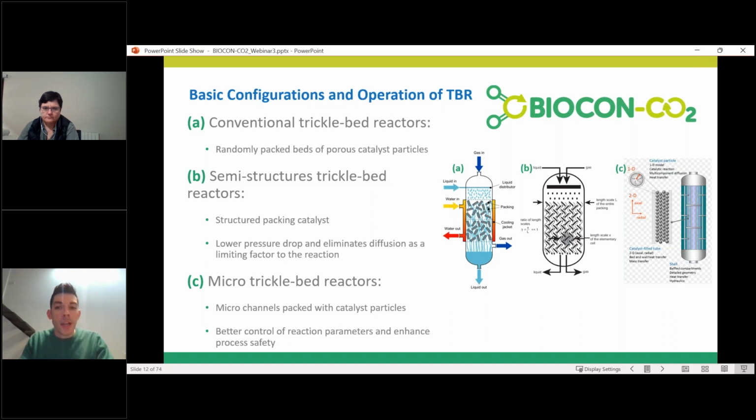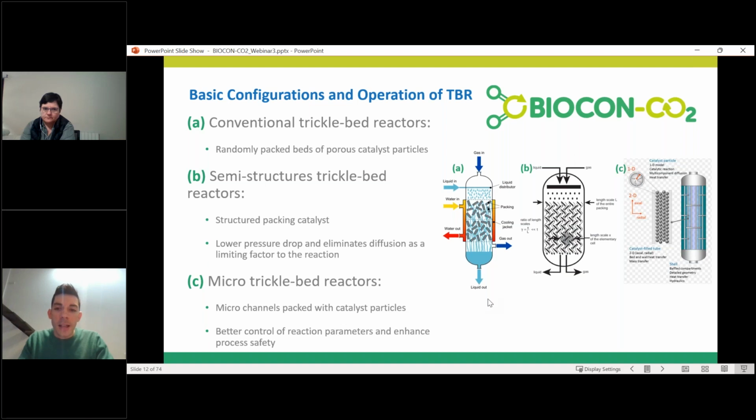A conventional trickle-bed reactor is one in which the packing material is randomly packed, as you can see in figure A. In a semi-structured trickle-bed reactor, the packing catalysts are structured. That makes it possible to work with lower pressure drop and eliminate the limiting factor of diffusion in the reactors.